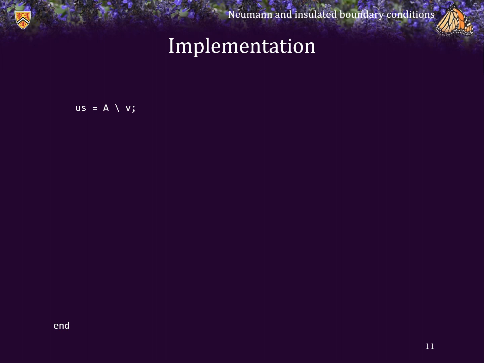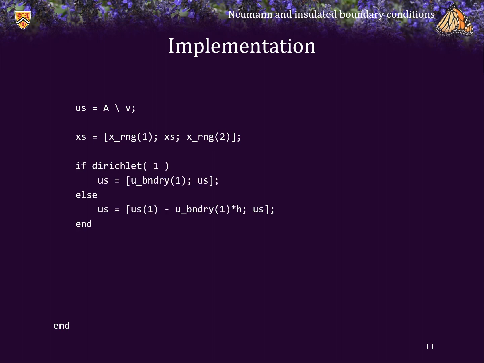Next, we solve this system of linear equations, and that gives us the approximations at each of the interior points. So let us add the first x value and the last x value onto the vector of x values. So now we have all the entries going from a to b in increments of size h.